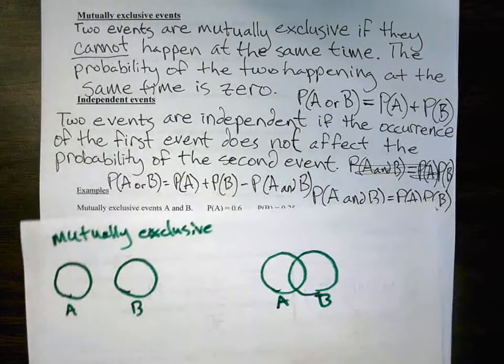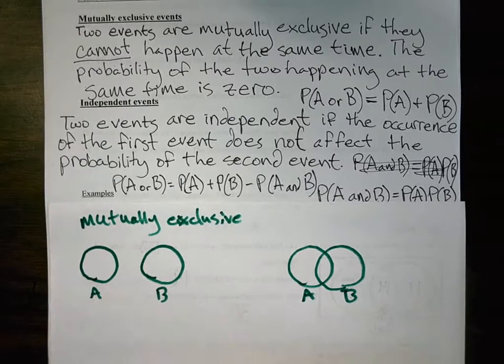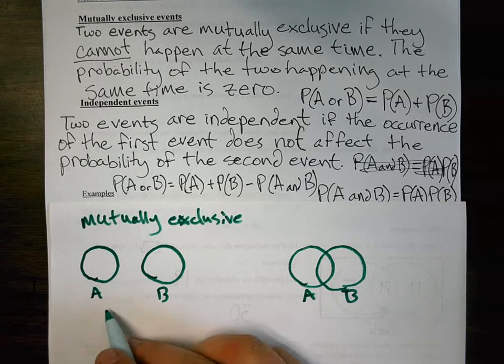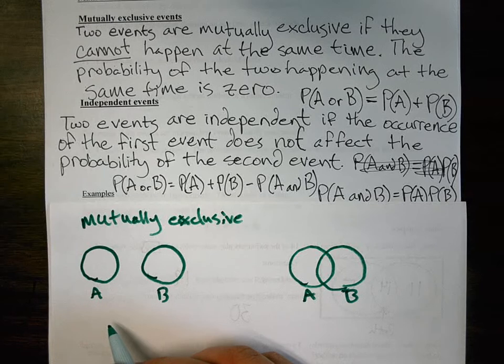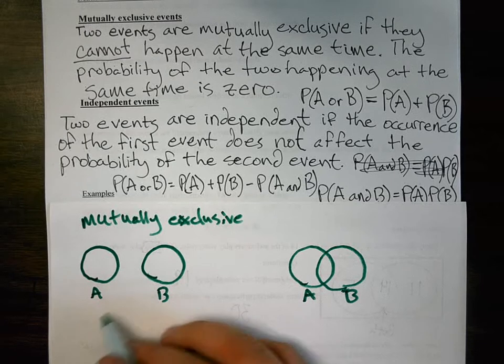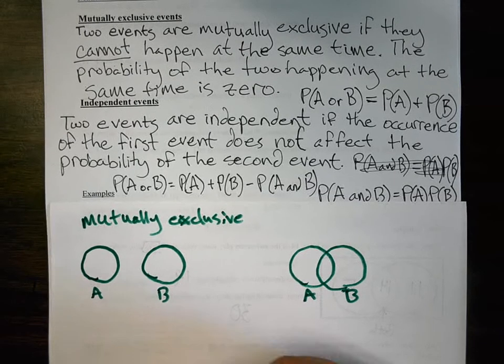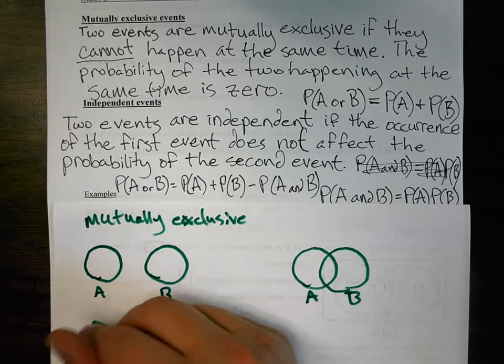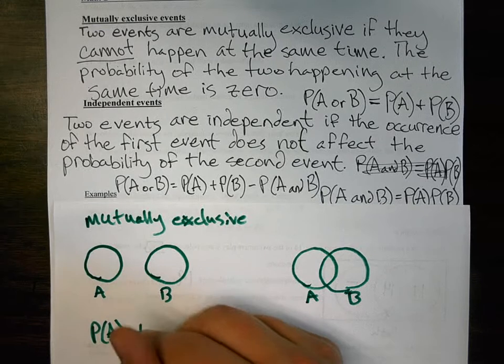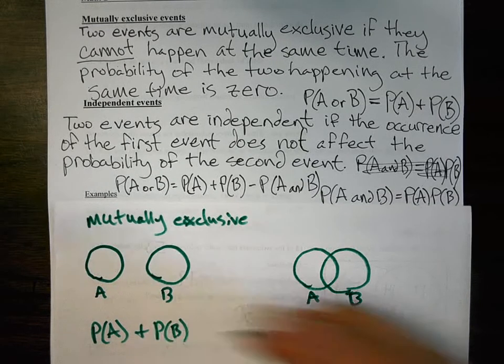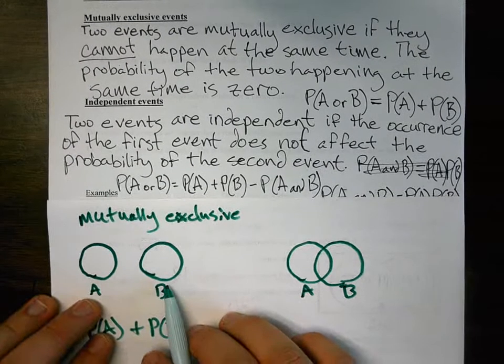If we're looking for the probability of A or B, we don't really care about overlap, the probability of A and B happening at the same time. That's just 0 for mutually exclusive events. But we look for the probability of A or B, so either one of these happening. It's just a matter of adding up the probability of the first one plus the probability of the second one, straight up, because they're separate and there's no overlap.